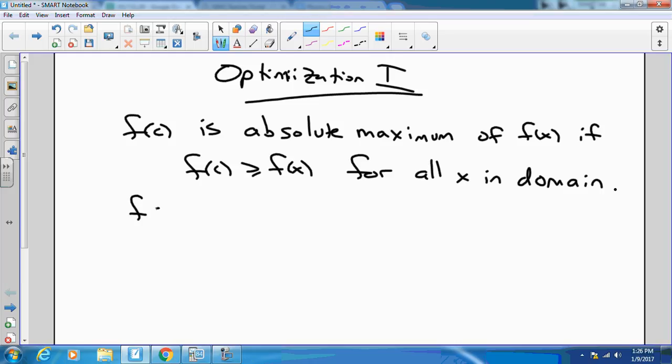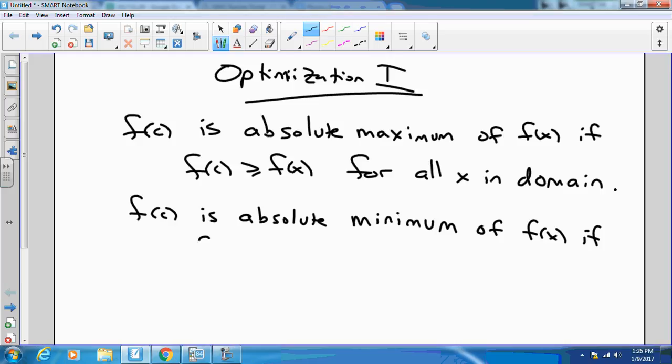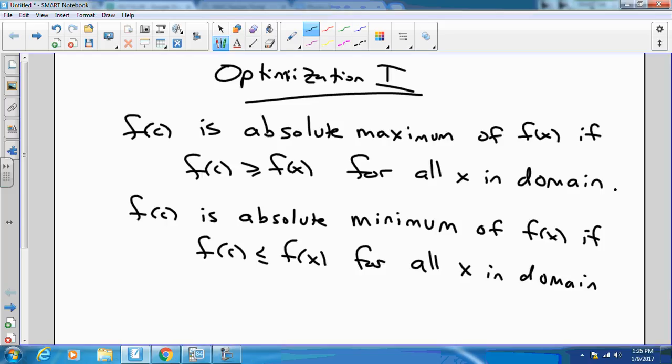And likewise, f of c is the absolute minimum of f of x if f of c is less than or equal to f of x for all x in the domain.